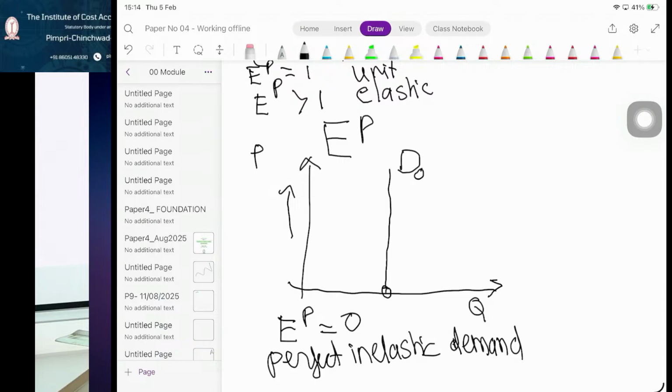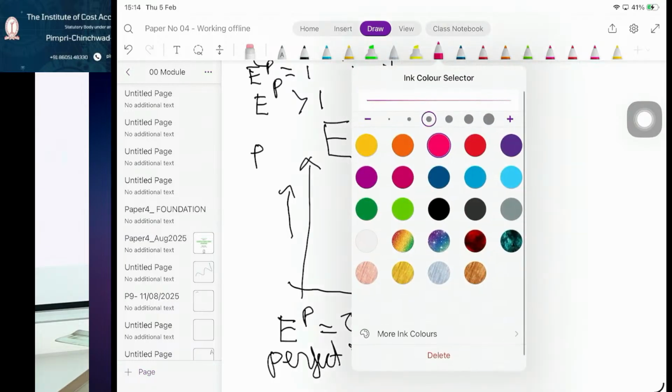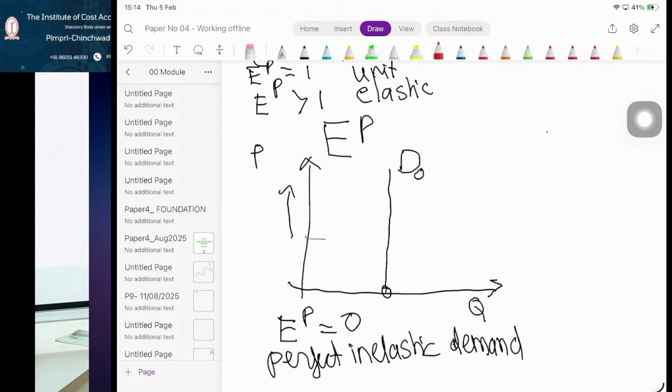Opposite of this, think of a demand curve which is like this. What does this mean? At this going rate, there is a lot of demand, but if you increase the price, the demand will fall to 0. Or if you cut price, the demand will grow very large.